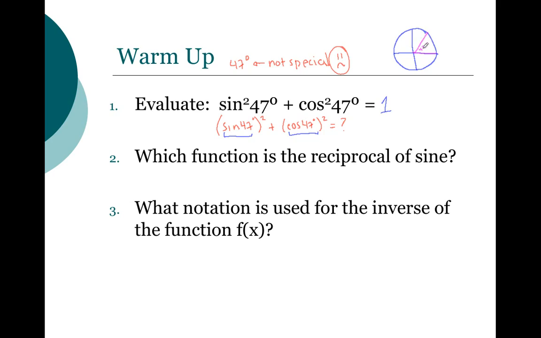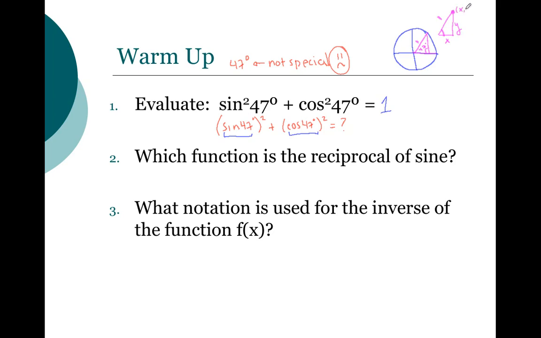So it's the unit circle, right? That means that the radius is 1. So when I focus in on this right triangle right here, and I'm going to redraw that right triangle, this angle is 47. That's my 47 degree angle. This is 1. This is my x value. This is my y value, right? And we get this point that's on the circle.